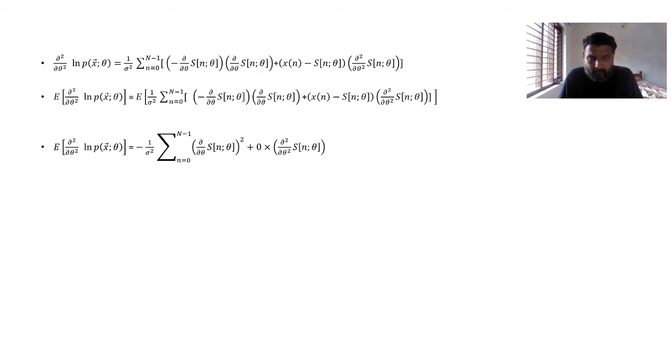Since the expectation of w of n is nothing but 0, I take a 0. So the second term will be 0. Finally, you will get ∂²/∂θ² of ln of p of x of theta is nothing but minus 1 by sigma square, sigma n equal to 0 to n minus 1, ∂/∂θ of s of n of theta the whole square.